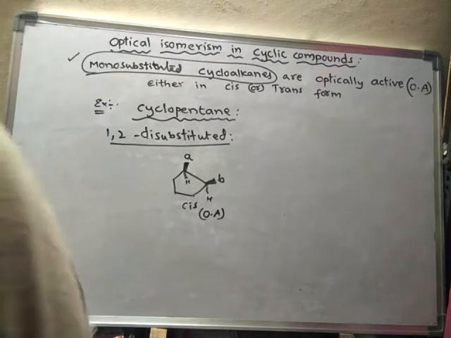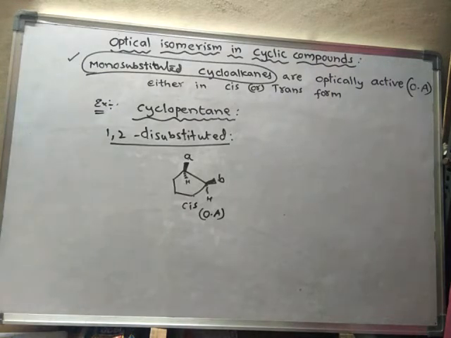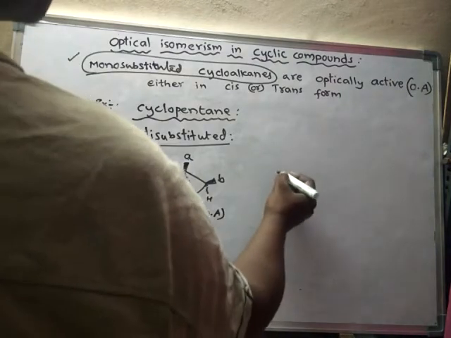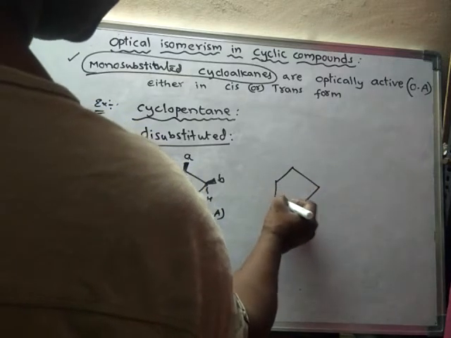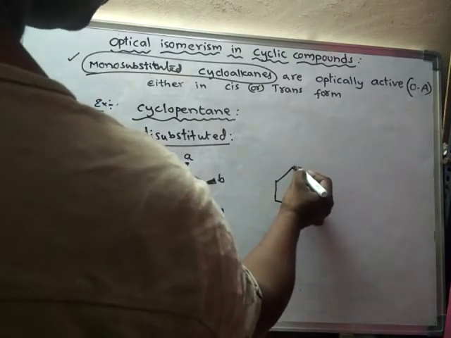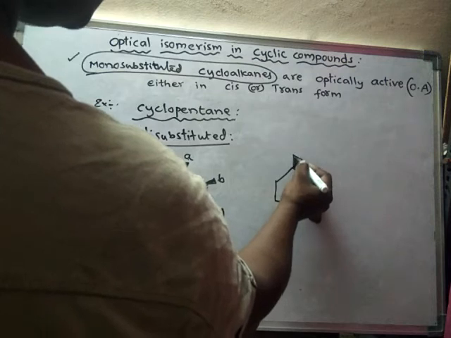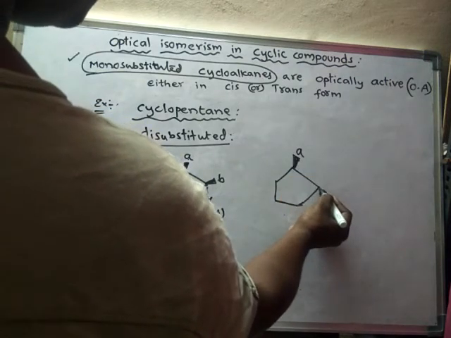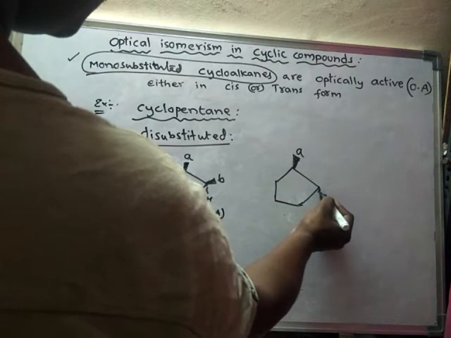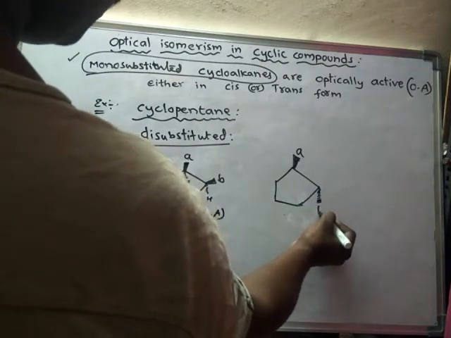Hence it is optically active. Now let us see the trans form of the same compound. This is above the plane, and this one will be below the plane.